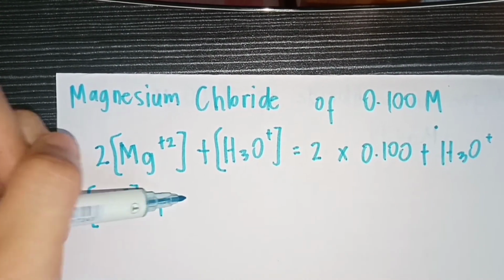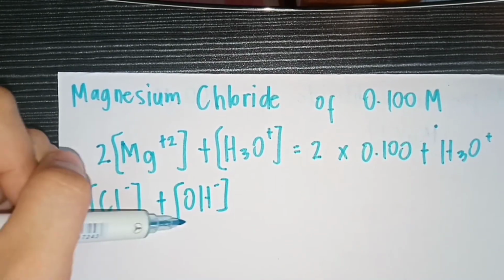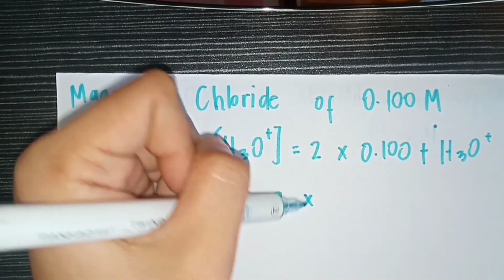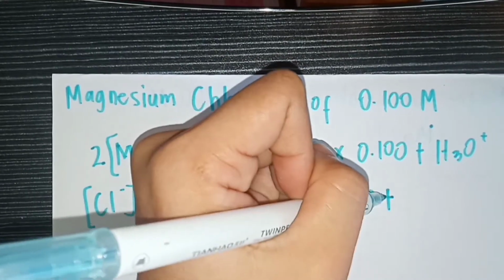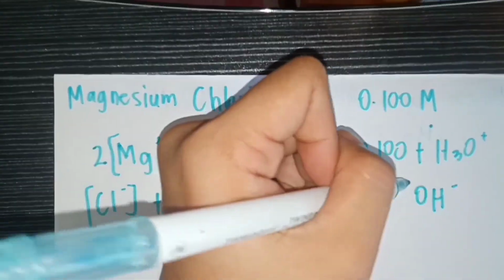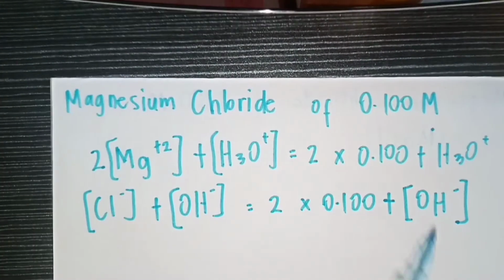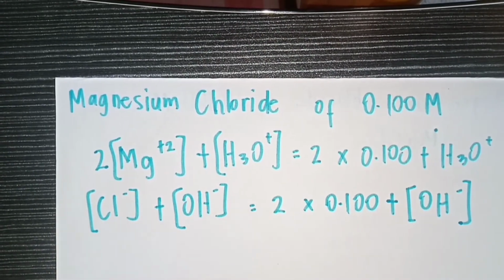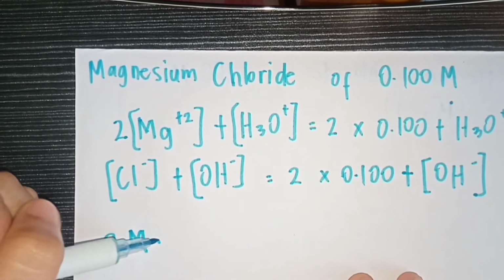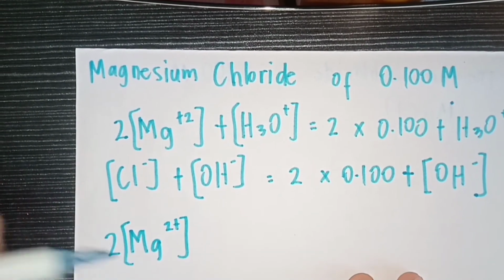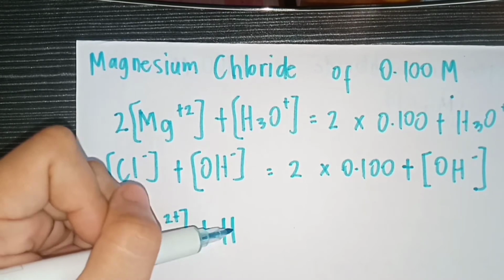Then in the second equation, the chloride concentration is twice the magnesium chloride concentration, so 2 times 0.100 plus OH-. The 2 is from the charge of the magnesium. And then to get the charge balance, we just need to equate the equations.